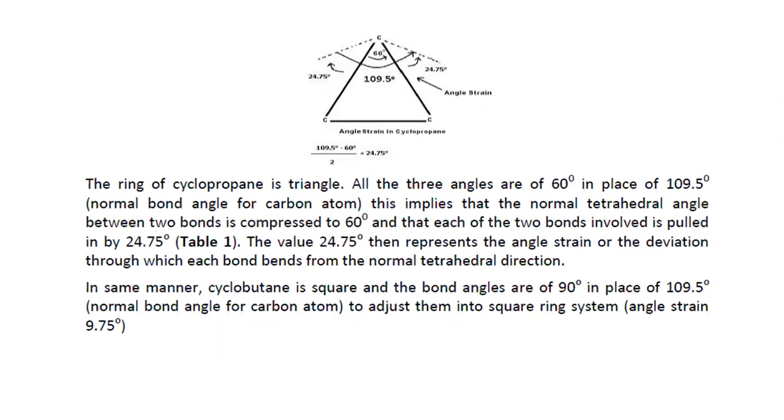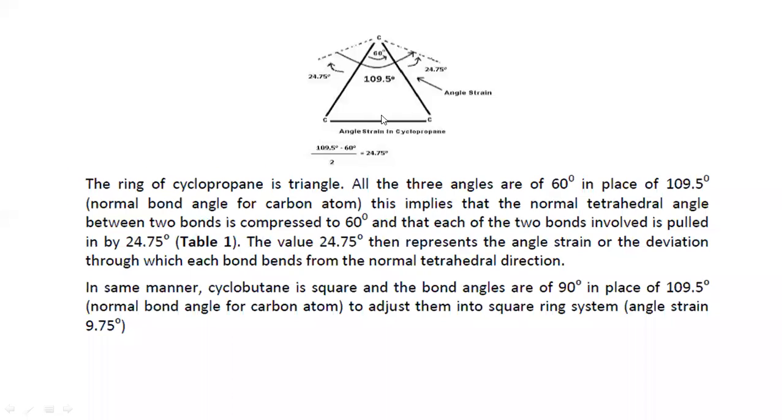They are going to put pressure on the bond angles of the carbon atom to achieve the bond angle of 60 degrees. So this much strain is attained by these two carbon-carbon bonds. This strain is known as angle strain. I hope you have understood, everybody, the meaning of the word angle strain.